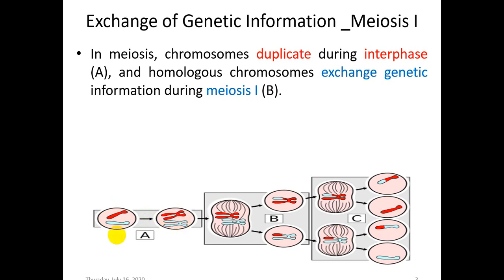Okay. This A is just a remark. This figure has part A, part B, part C. A is not a name or part of meiosis, just for the shape. Okay, as simple as that. This is duplicated.